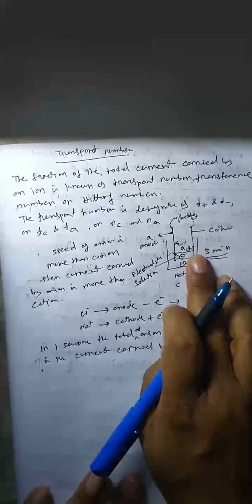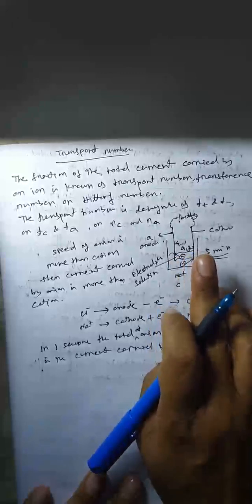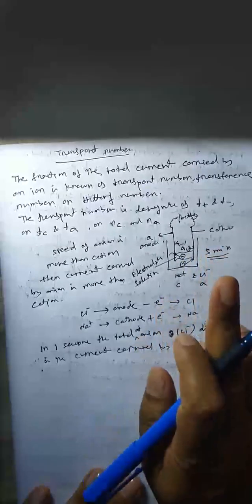Similarly, in 5 minutes, the total number of cations get discharged at the cathode. Suppose 500 cations get discharged at the cathode. That means 500 cations move towards the cathode, and these 500 cations are responsible for the transport number of cation. Similarly, if 500 cations move, 500 anions also move.